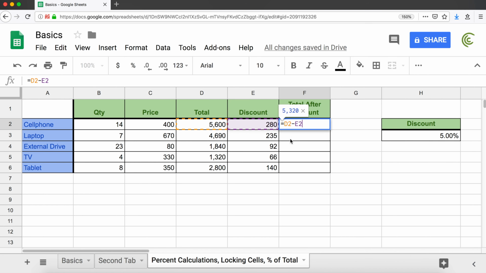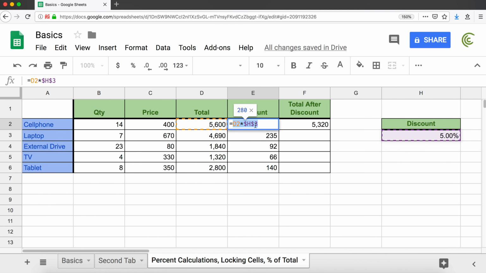So instead of typing E2 in this formula, I'm going to replace it with the formula that's inside of that E2 cell. I'm going to hit enter here, then go back to this discount. And this is the formula that's inside of that E2 cell. I'm going to copy this formula, but I'm not copying the first equal sign, because the first equal sign starts the formula. What follows that equal sign is the actual formula.